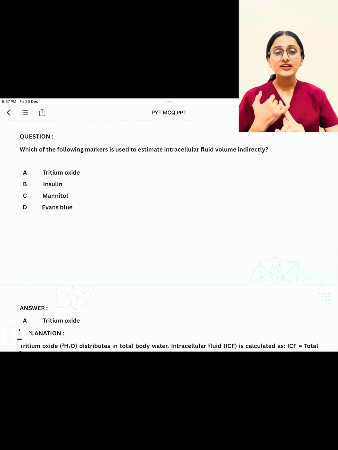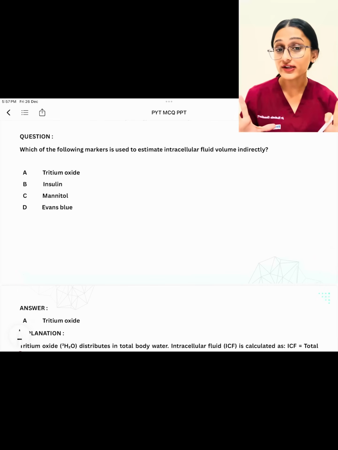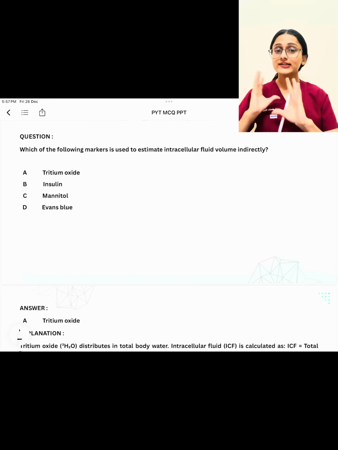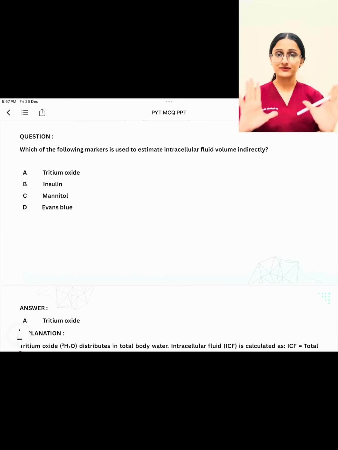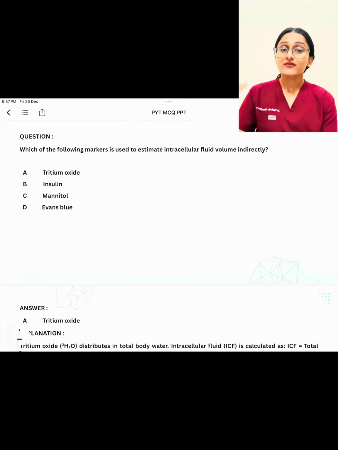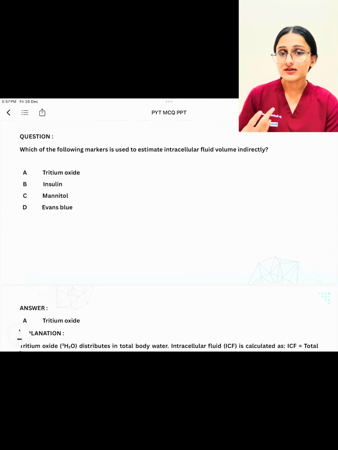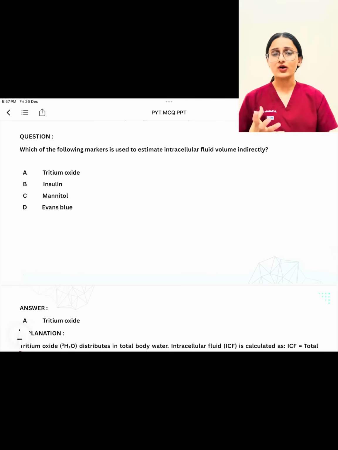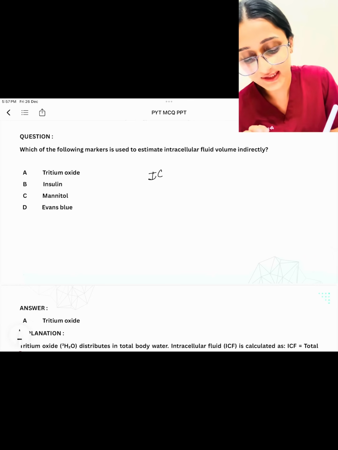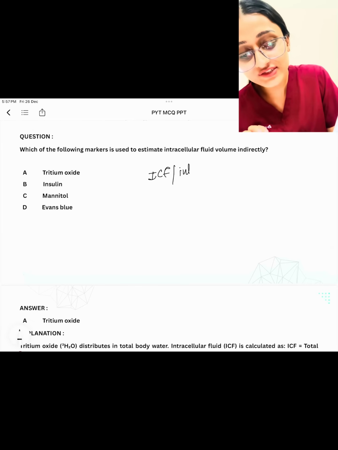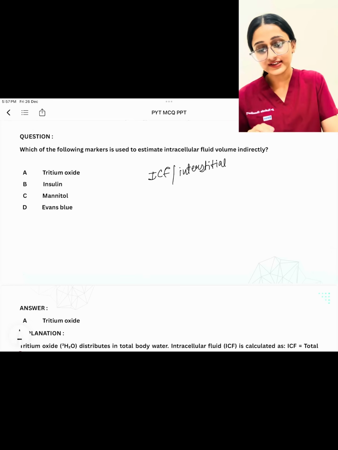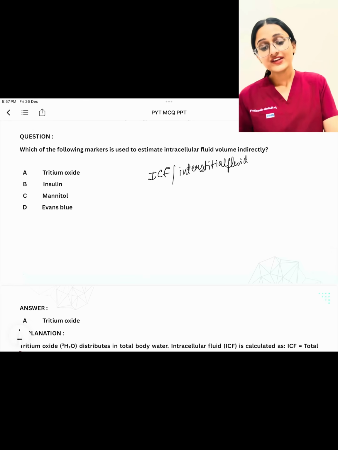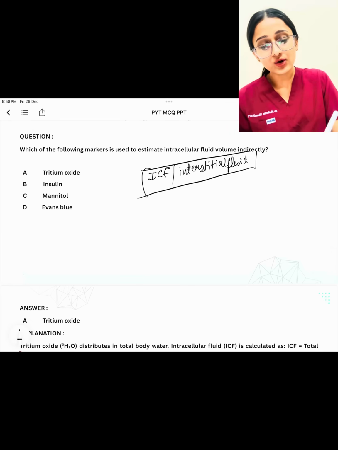We can measure total body water by D2O, T2O, antipyrine. We can measure plasma, and we can measure ECF by inulin. But we have not studied how to measure ICF and interstitial fluid, because these cannot be measured directly.